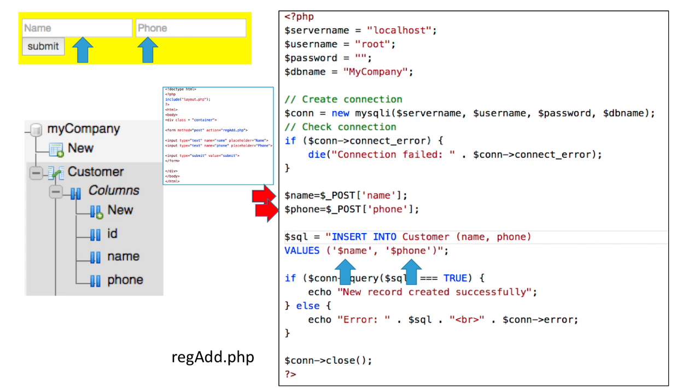These are the parameters that we are going to use. This way we have a correct SQL statement that inserts into customer, into name and phone, the values coming from the form, which we will discuss in more detail. Perfect. So this SQL now has the right statement.